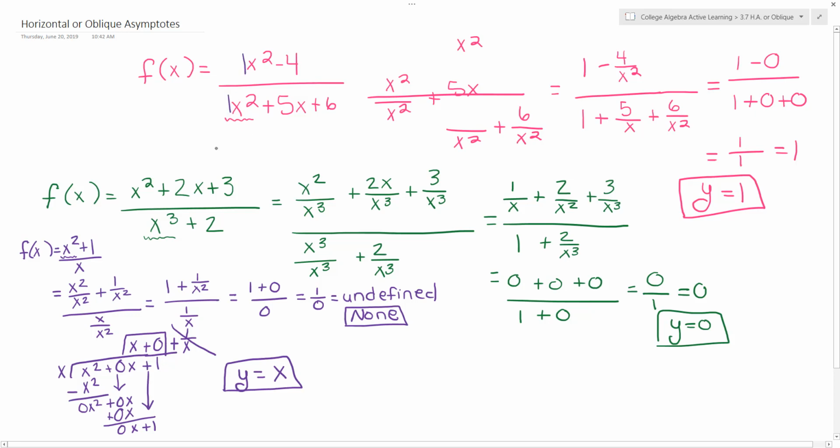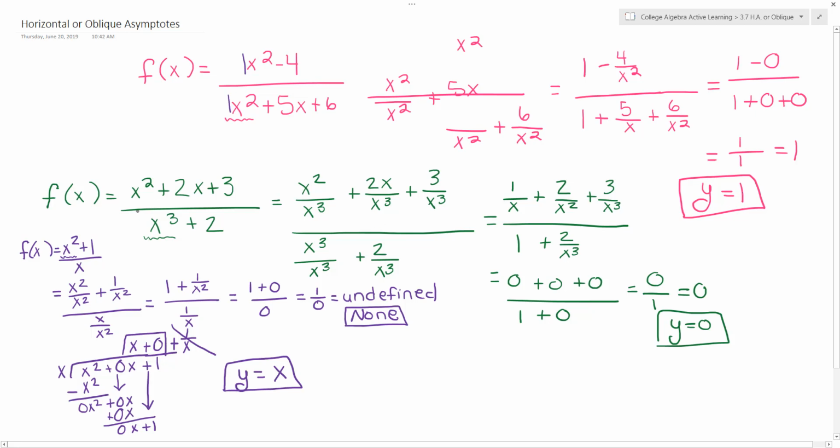Well, the horizontal asymptote will always be the leading coefficient divided by the leading coefficient. So 1 divided by 1 is 1. And so that's why our horizontal asymptote is what it is. I don't necessarily want you to memorize that, but it's something to observe. For example, if these were different values, like say a 2 and a 3, then it would be y equals 2 over 3, so 2/3.